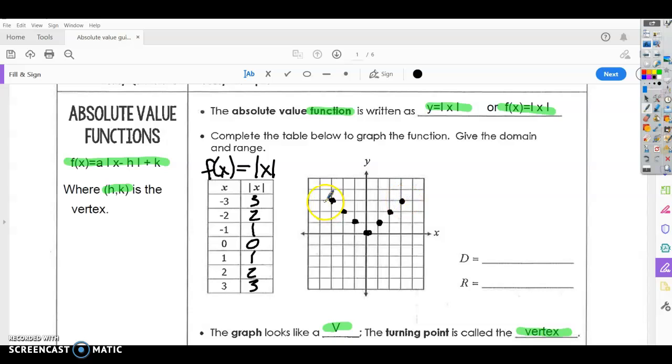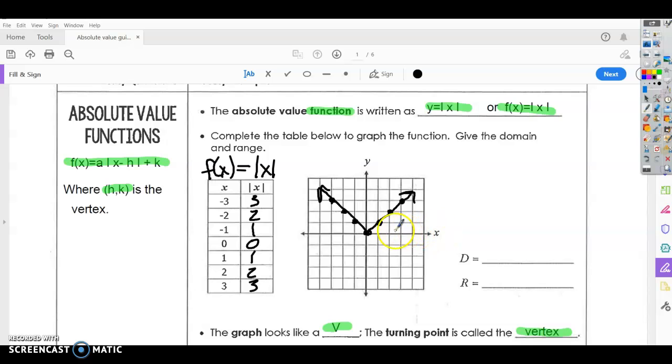So you can see you get that V-shaped graph right here. All right, if I continue to put points in both directions, this would be a continuous graph. So we have to draw arrows to represent that the absolute value does continue.